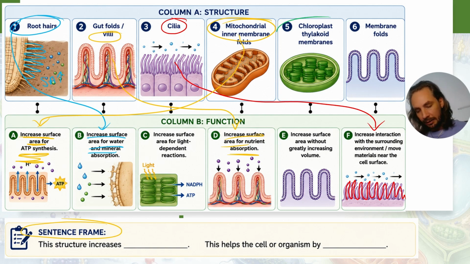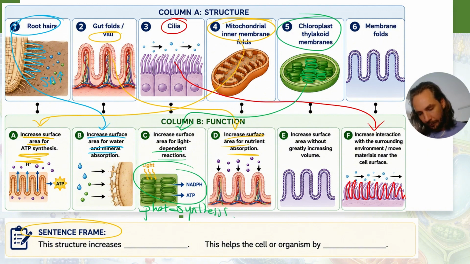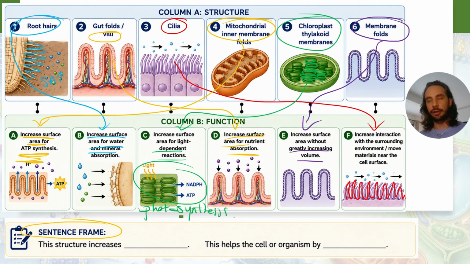The thylakoid membranes stack on top of each other, which greatly increases the surface area for the light-dependent reactions, so ultimately for photosynthesis. And finally we have membrane folds, and these increase the surface area without greatly increasing the volume, for more efficient exchange with the environment.